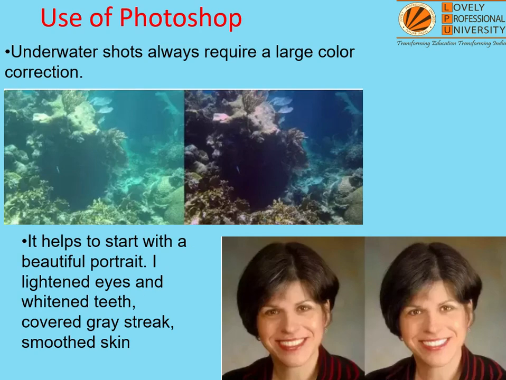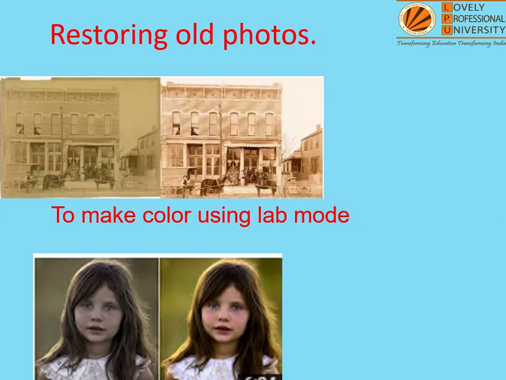So why do we use the Photoshop tool? You can go and correct a picture; picture correction is very much possible. You can make your portrait more effective, more lively, if you know certain important tools which are there to sharpen images, smooth images, and apply different layers and different filters.